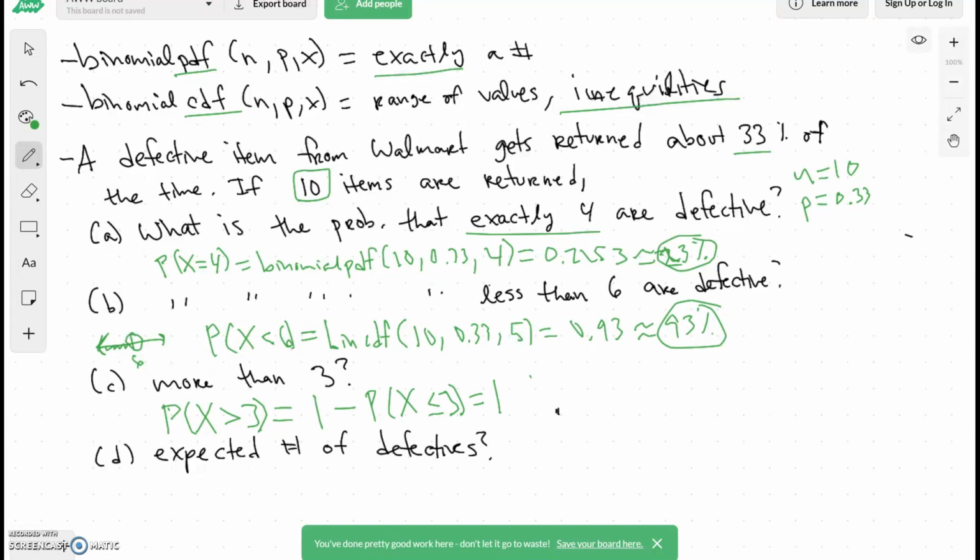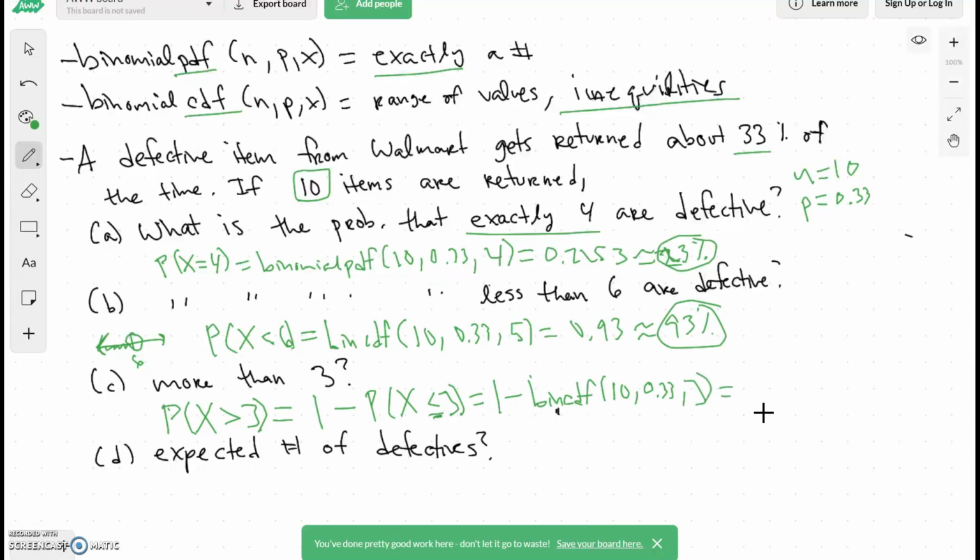All right, so we're going to do 1 minus binomial CDF. N hasn't changed, it's still 10. Then we have 0.33. Then x, in this case, is included, right? We're including the 3, so I'm going to put the 3 in here.